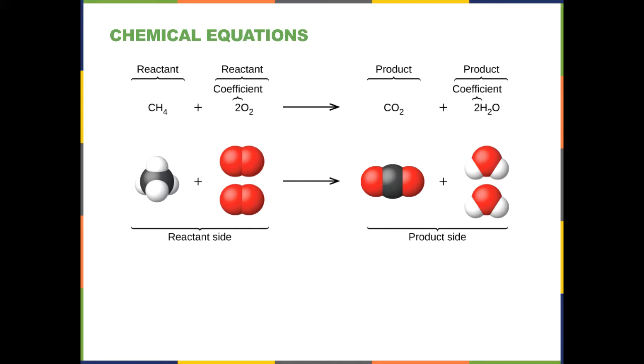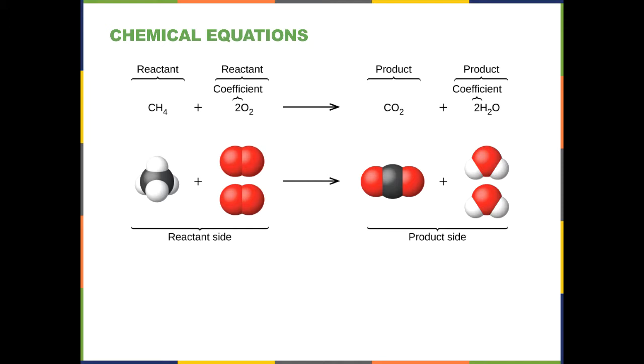Below the symbolic representation with letters and numbers is a sort of styrofoam ball representation where the red balls represent oxygen, the black balls represent carbon, and the white balls represent hydrogen.